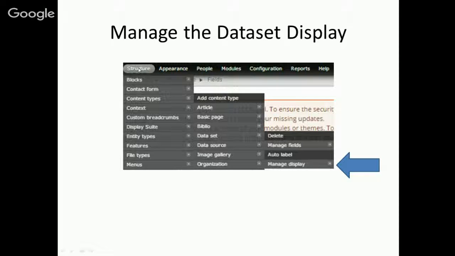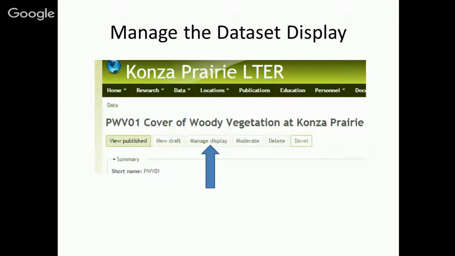One is you go to the structure in the top menu, content types, data set, and manage display. Right? And click there. And the other option is just get any data set, as an admin, just click on any data set that you might have, and then click on the manage display menu or item there.